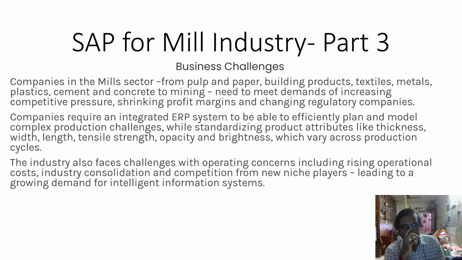The companies in the mill sector, from pulp and paper, building products, textile, metals, plastics, cements, and concrete to mining, need to meet the many demands of increasing competitive pressures, shrinking profit margins, and changing regulatory compliances. Companies require an integrated ERP system, so-called SAP, to efficiently plan and model complex production challenges.